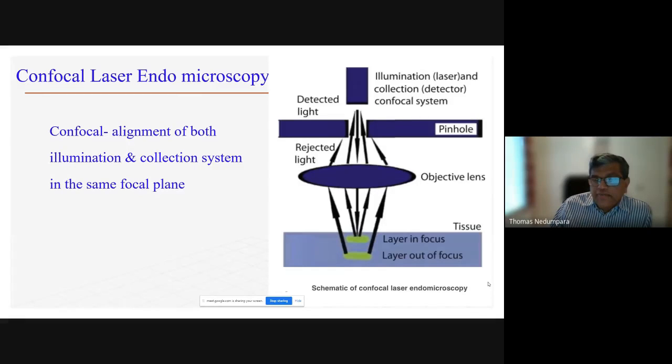So here, the illuminating laser light and the returning or detecting laser light go through a slit. So this gives the light from different layers of the tissue more resolution.